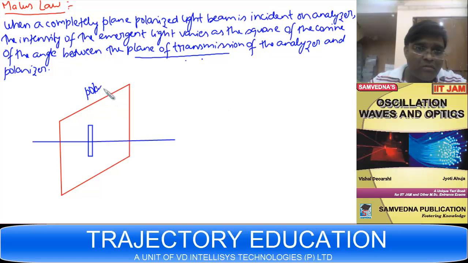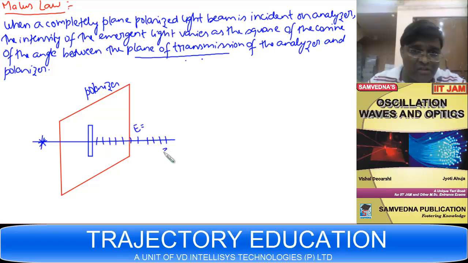Initially this is unpolarized light having the field vibration in all directions. After it comes out, the light will have the field vibration parallel to the path axis.